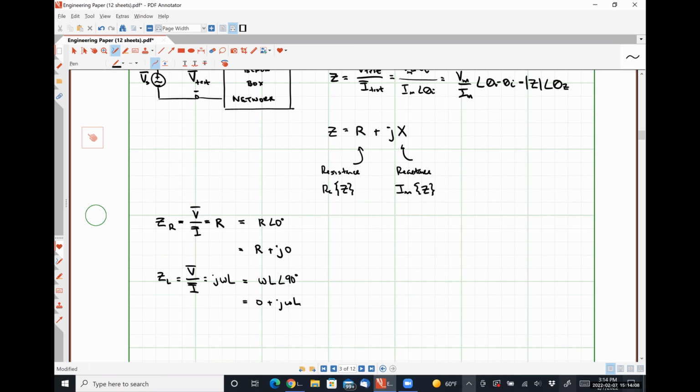Now, before we move along to capacitors, I want to look at the units of this thing here, okay? The units of omega are expressed in radians per second. And the units of inductance is the Henry, which is dimensionally the same as a volt second per ampere.